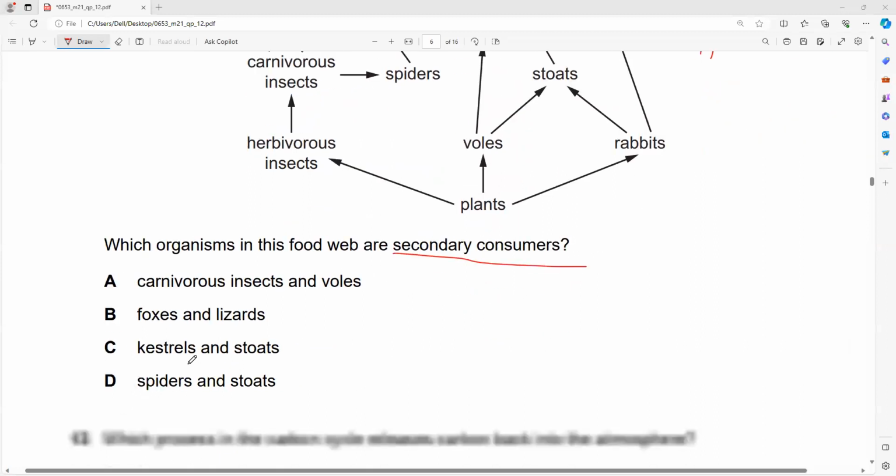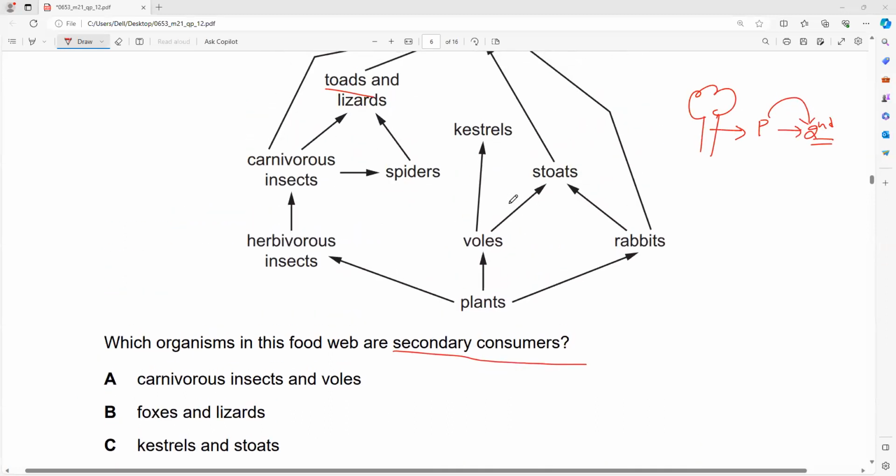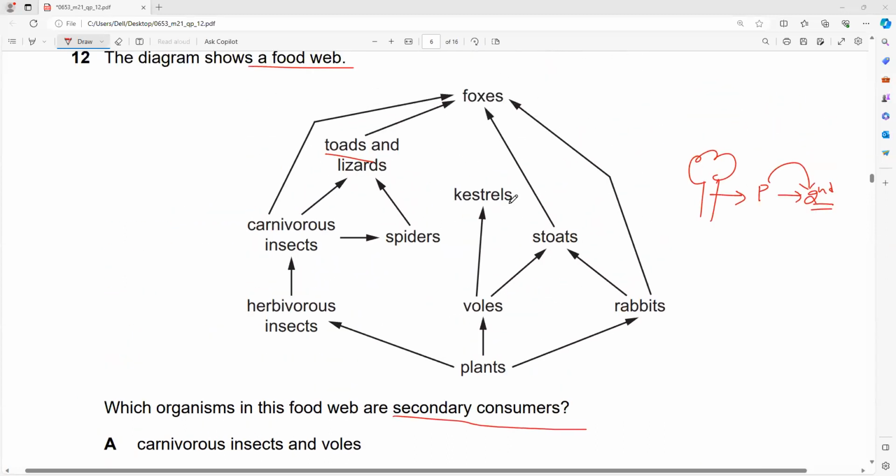Secondary consumers. Kestrels and stoats. Anyone? All of you? So first, kestrels and stoats, we'll go with that. Which organisms are secondary consumers? First option, carnivorous insects are secondary, but voles are not. They are primary.